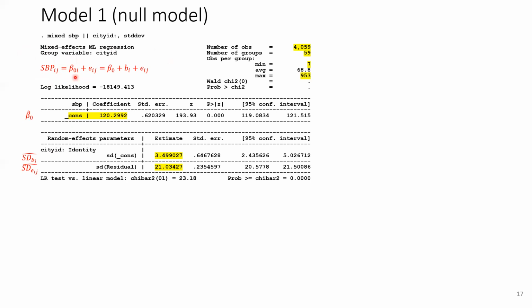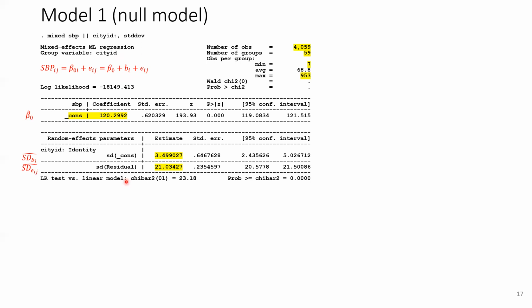And the city-specific intercept can be divided into 2 parts: beta naught, which is the global mean, meaning what the mean blood pressure is as a whole in Mexico, plus the random intercept, b_i, which is the difference between the global mean or national mean and the city mean. Well, I said national mean, but it is limited to the sampled cities.